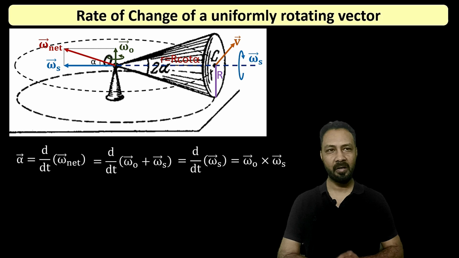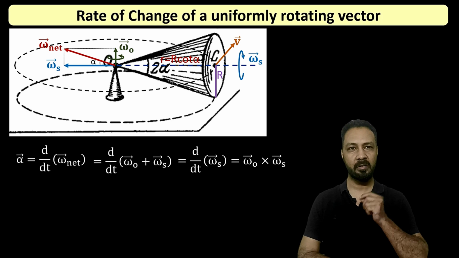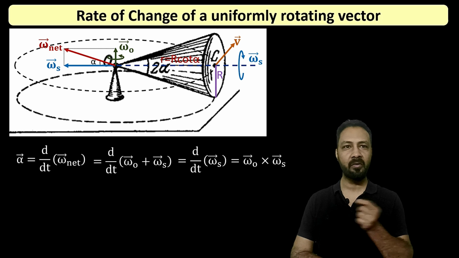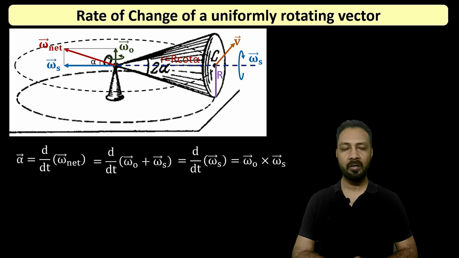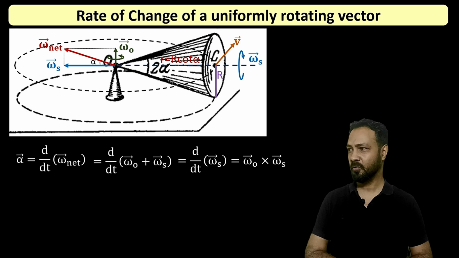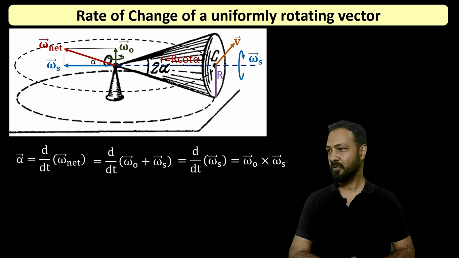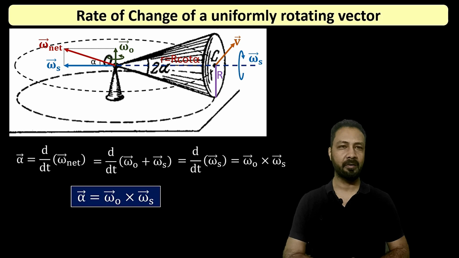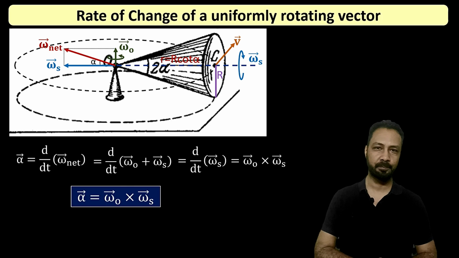Just before, we derived that dA by dt is equal to omega cross A. There, omega was the rate at which the A vector is rotating. So here the omega S vector is rotating with angular velocity omega O, so d omega S by dt is omega O cross omega S. So we've got the alpha vector is the omega O vector cross omega S, and that is a very good case.